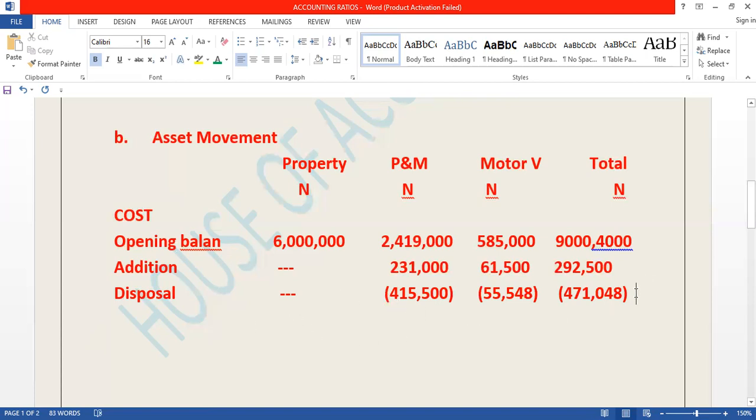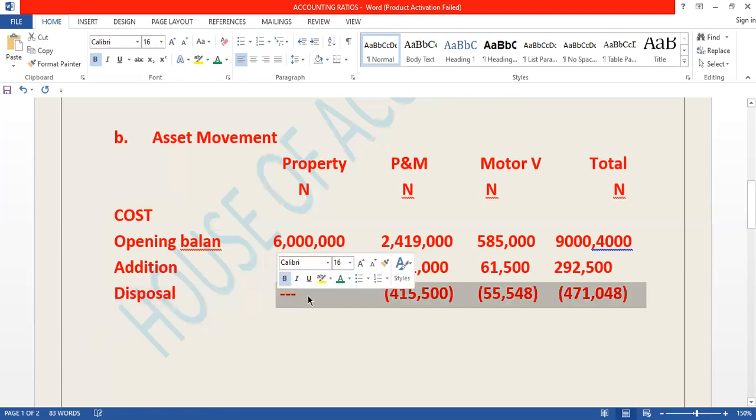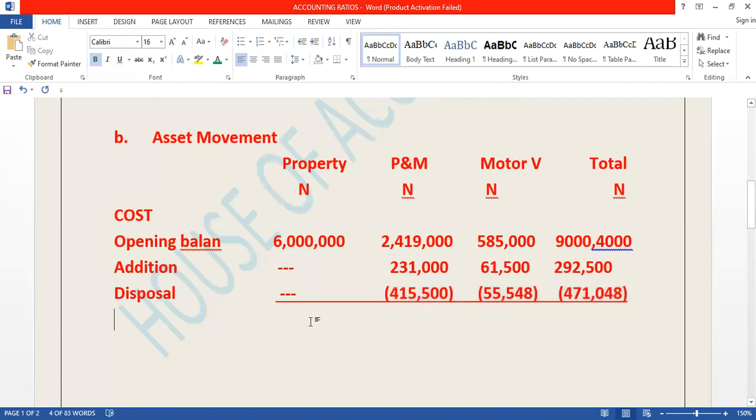So all we have to do now is to get the new cost of this asset. What is now the new cost of the asset? So this will remain 6 million, except if you have not taken anything.